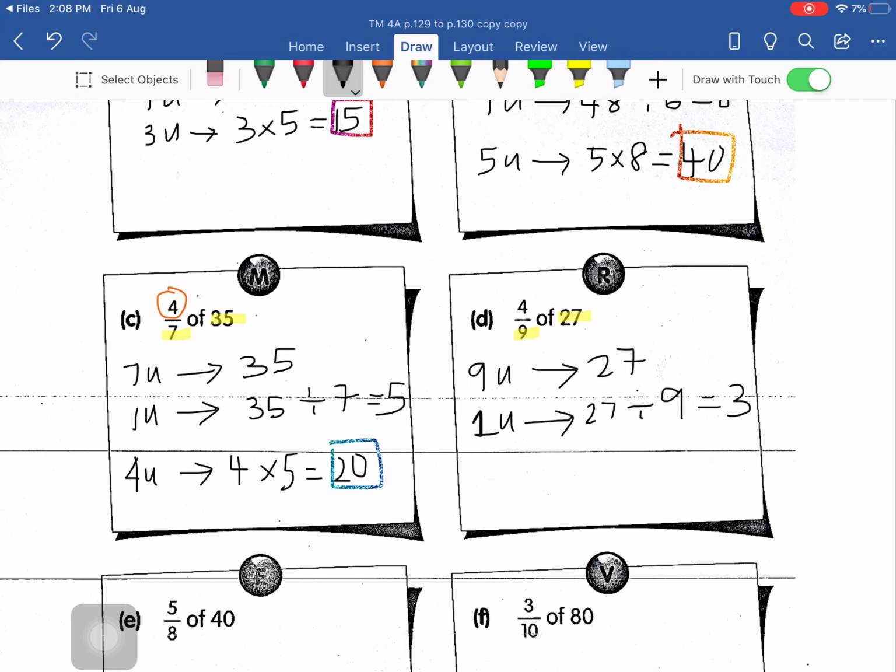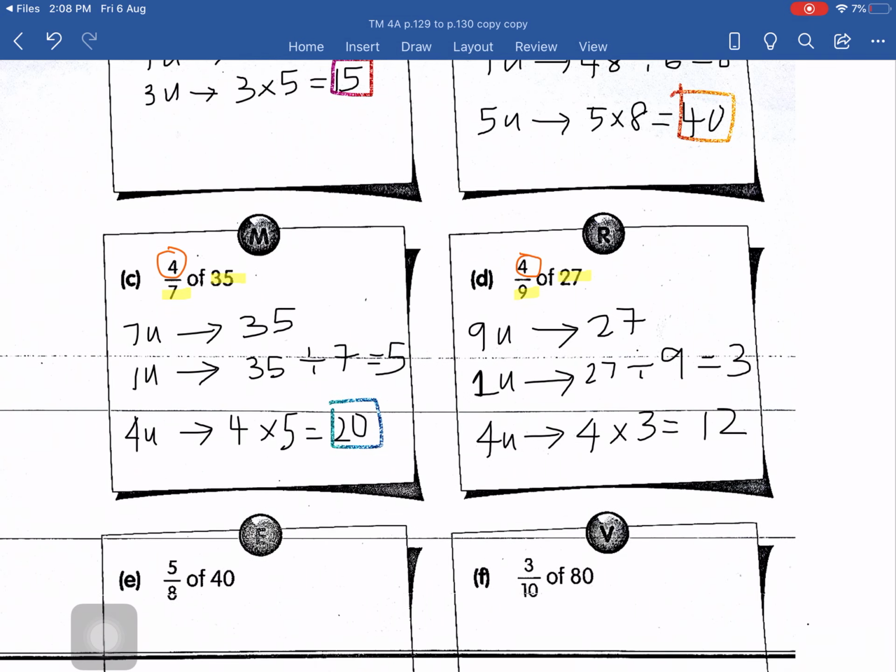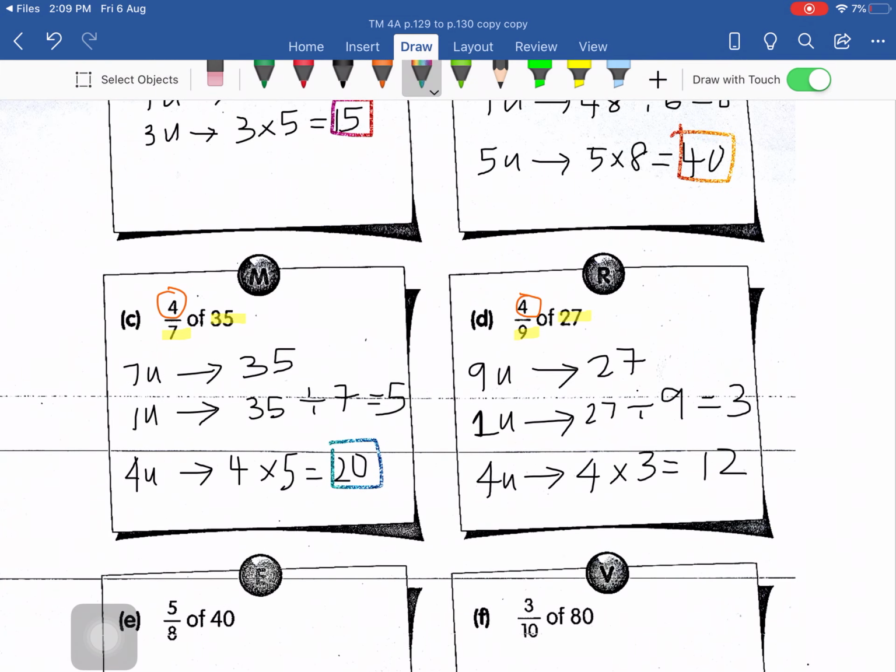So each group is 3, or each group has 3 items. However, in the question, we are finding 4 groups, or 4/9 of 27. So 4 units is what we are finding. 4 groups of 3 is 12. So the answer is 12.